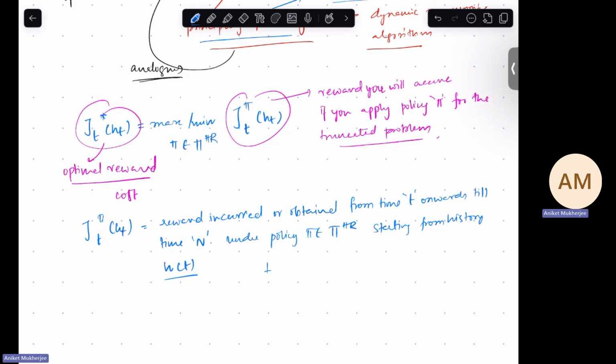So it's basically saying that you are at time t, and you want to come up with an optimal policy for only the problem from t to n. Okay?